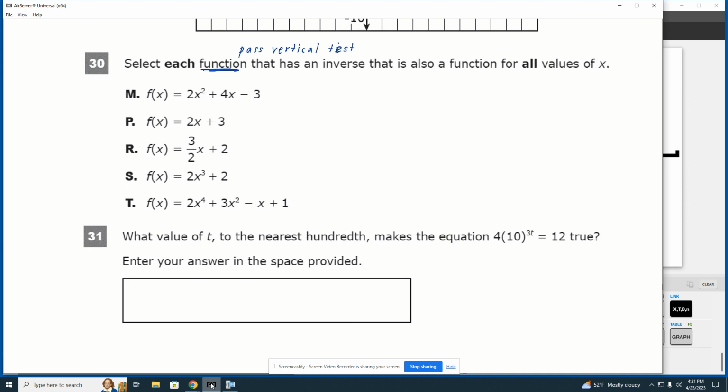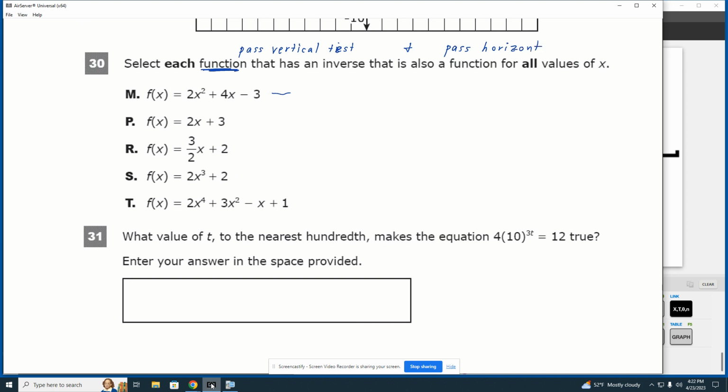And if you guys recall, we said that if I were to graph an inverse, it basically is a reflection over the line y equals x of our original function. So basically, here's the deal. If I want to figure out if not only this is a function, but also its inverse is a function, this thing has to pass the vertical line test and it has to pass the horizontal line test.